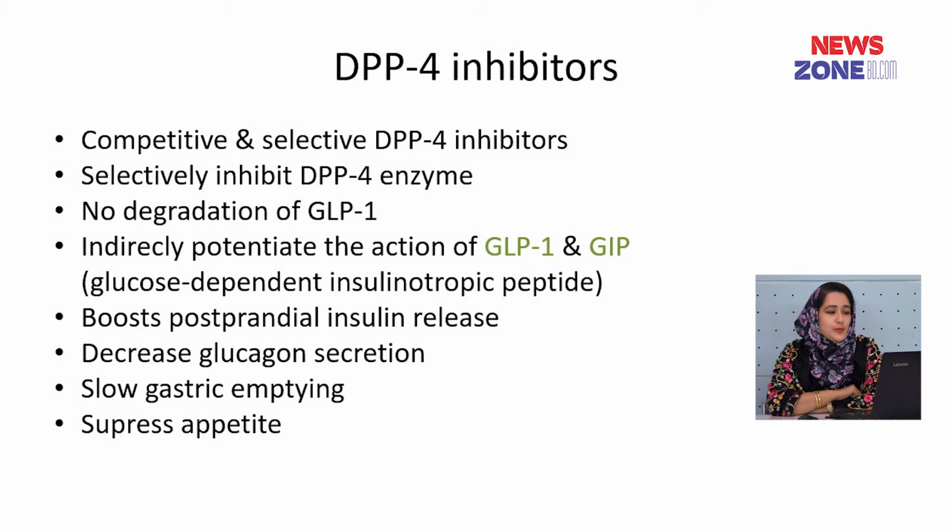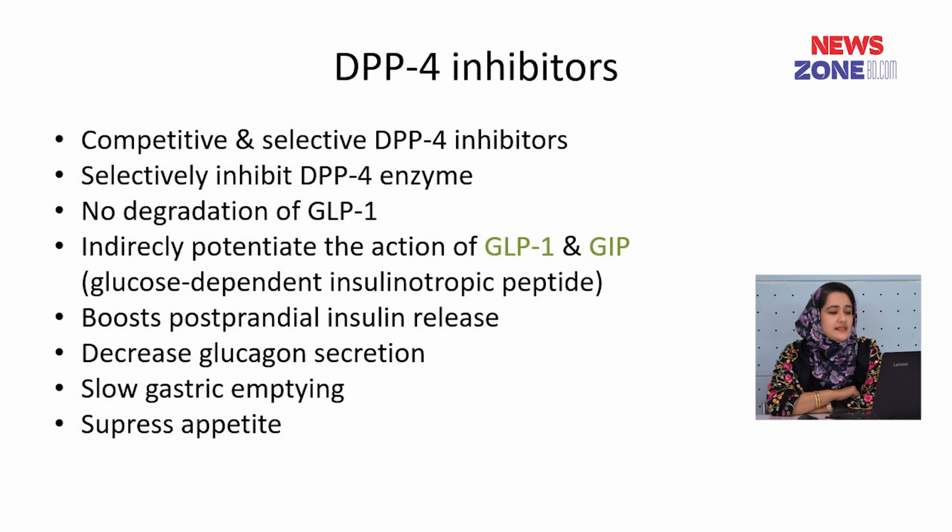Now, another group of drugs, DPP-4 inhibitors or dipeptidyl peptidase 4 inhibitors. How does this group of drugs act? They competitively and selectively inhibit the dipeptidyl peptidase 4 enzyme, with no degradation of GLP-1.